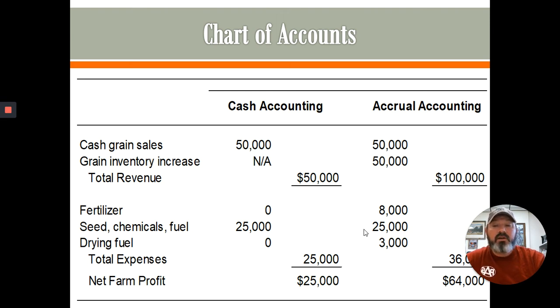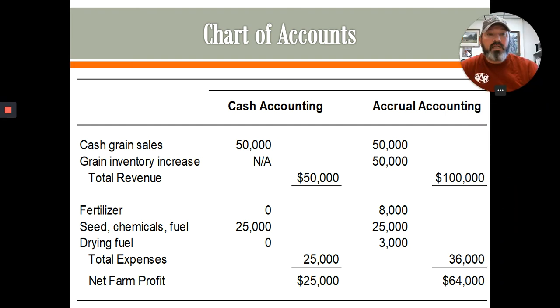Again, that same $25,000 for seed, chemical, and fuel. And then also that drying fuel that maybe we had prepaid or carried over from the prior year. So $36,000 in expense. And so therefore, if we look at it from an accrual accounting perspective, our net farm profit was $64,000 in this particular example compared to a cash accounting view of $25,000.